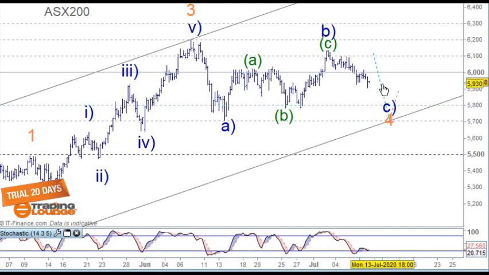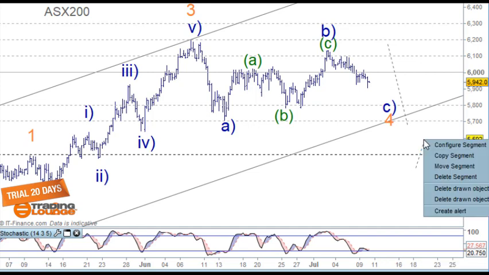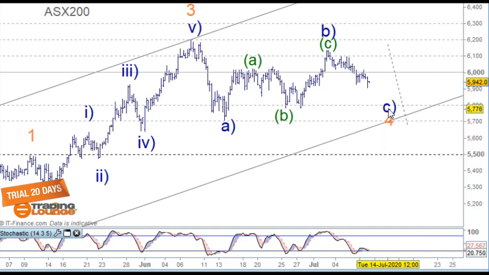So one thing we could look at here is the length of wave A here, about that. So from there to here, really just meeting up with that low down here. I don't know if we'll get that far.